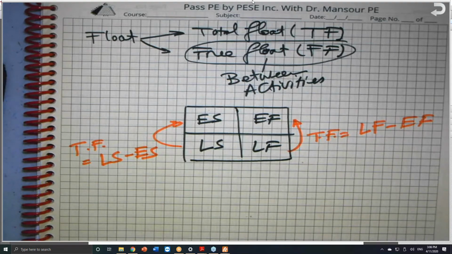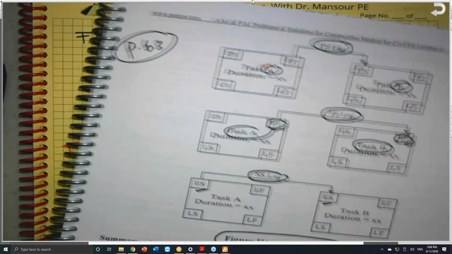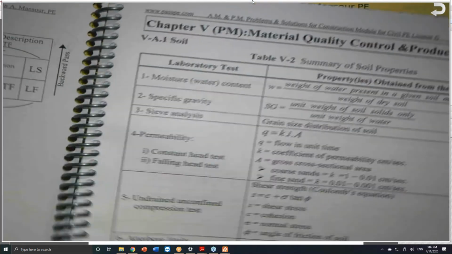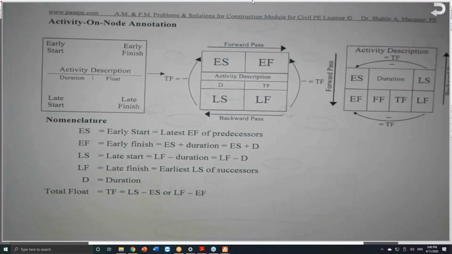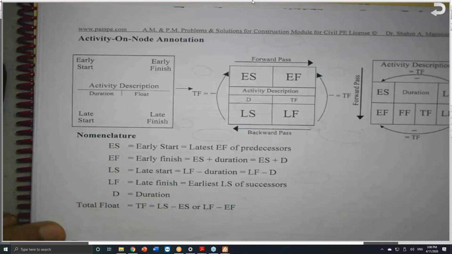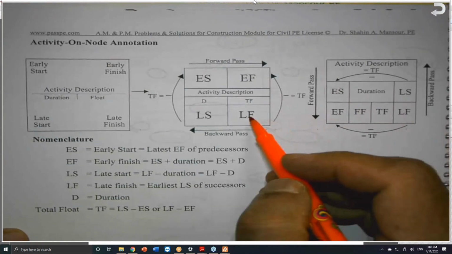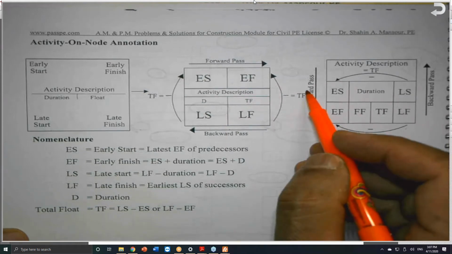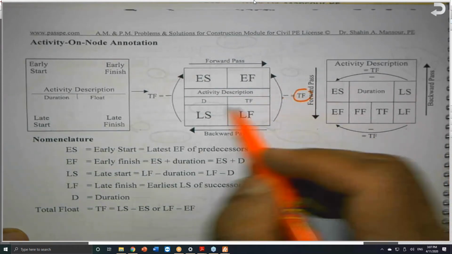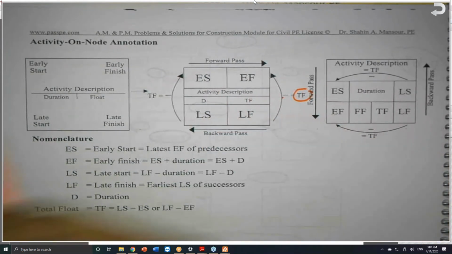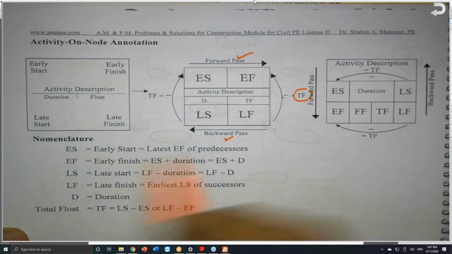I put it in my book in a diagram, maybe easy to remember. In both cases, I try to make life easy for you. So here it is, late finish minus early finish. This will give you the total float. This is a forward pass, and this is a backward.